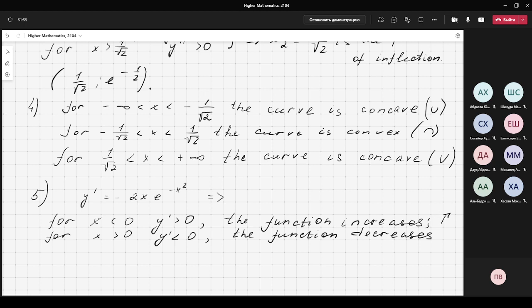For x equal to 0, y prime is 0. At this point, the function has a maximum, namely y equals 1.